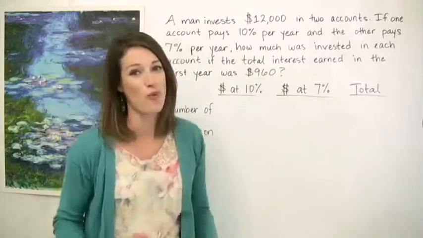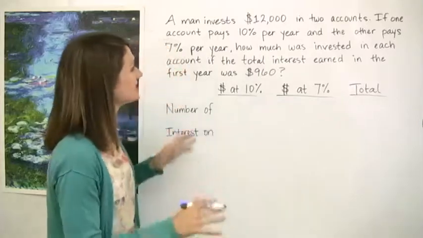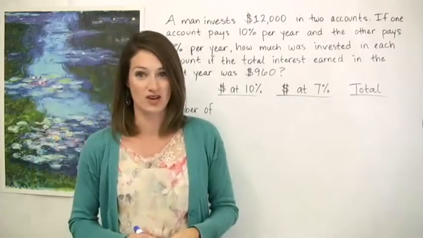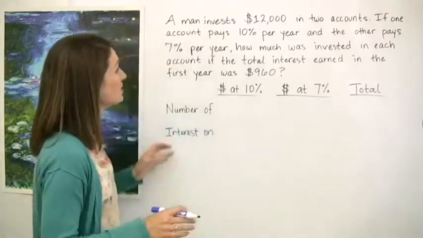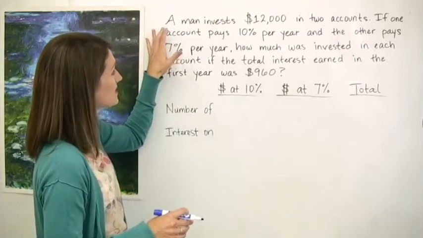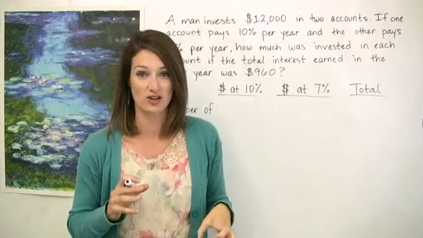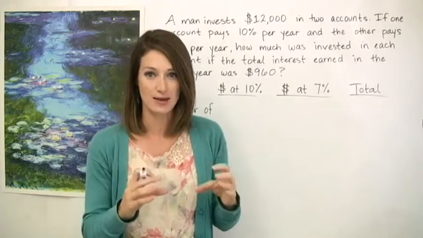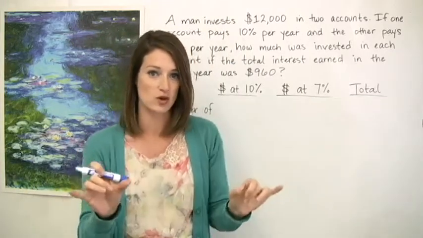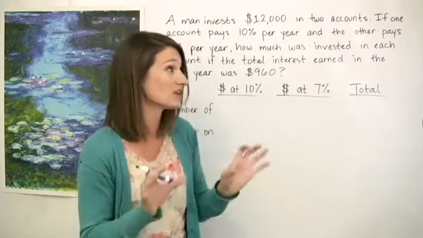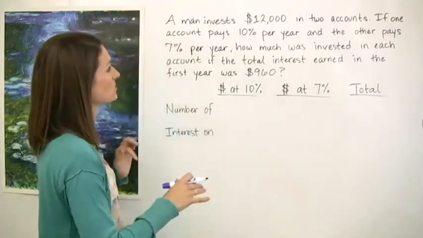The rest of step 1 from our blueprint is to list the knowns and the unknowns. So the known information that we have from this problem is that the man invested a total amount of $12,000. So he split that total amount up into the 2 accounts. We need to figure out how much is in each in order to find our answer.